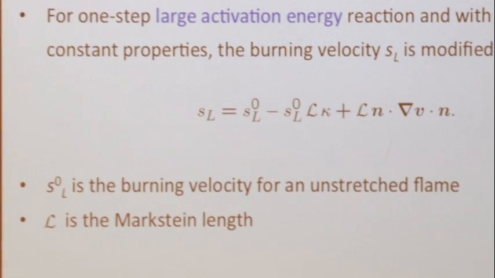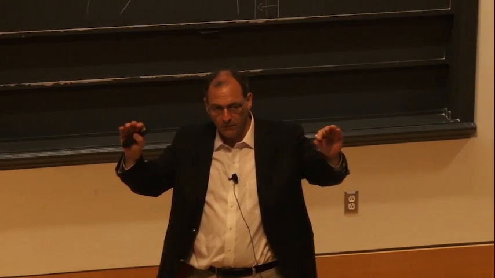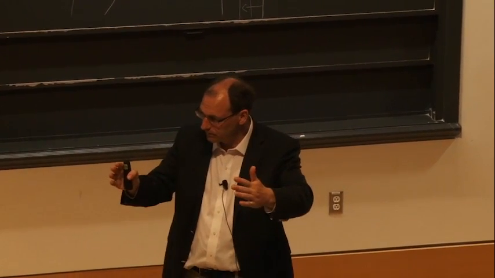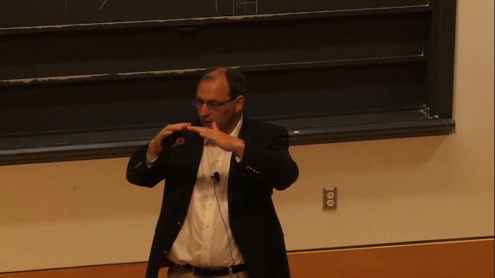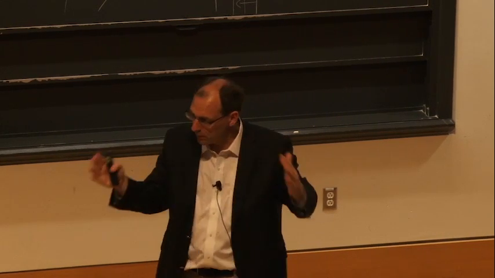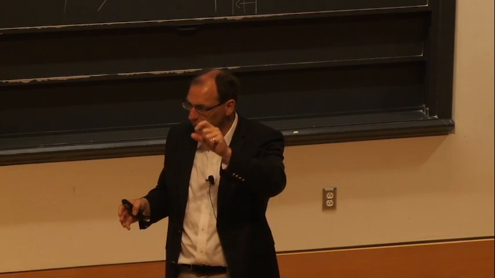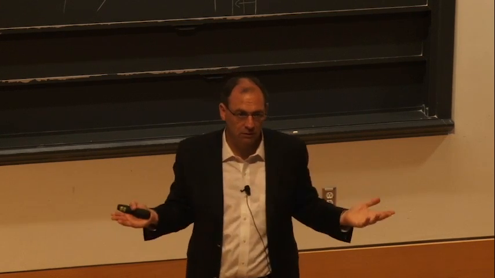it's obvious there needs to be a length like this, which is now, again, a characteristic number for the fuel or whatever. Because I said earlier, when you have a flame and you have curvature, then if the curvature radius is much, much larger than the flame thickness, then the curvature can't matter.